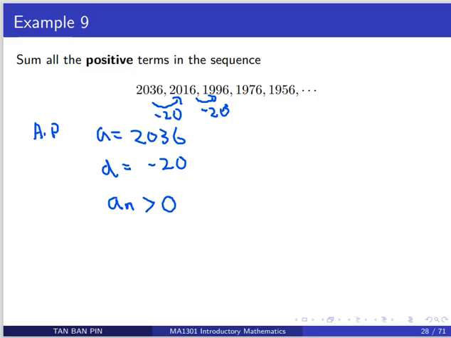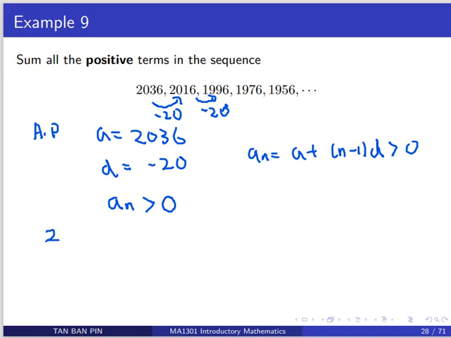The formula for a_n is a_n = a + (n - 1)d. So we need to consider a_n positive. So we consider a + (n - 1)d positive. a is 2036.